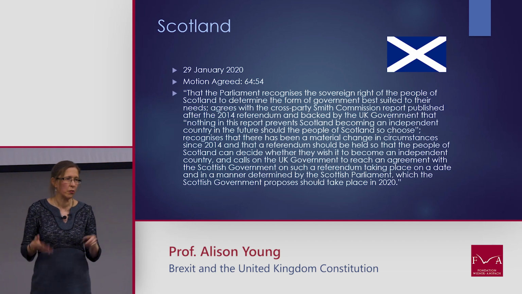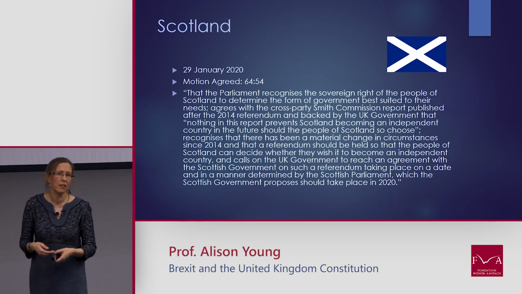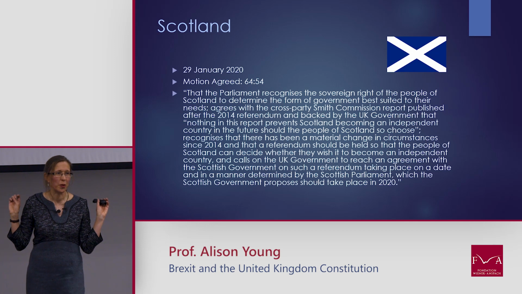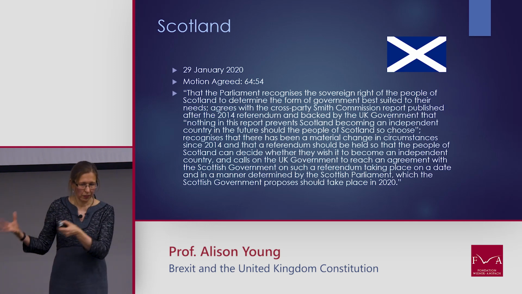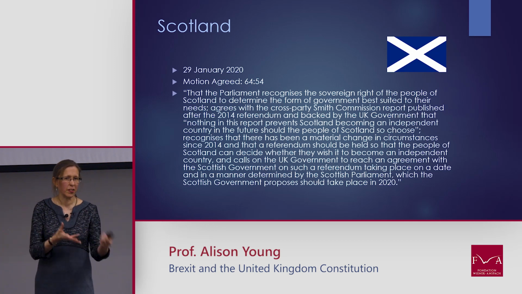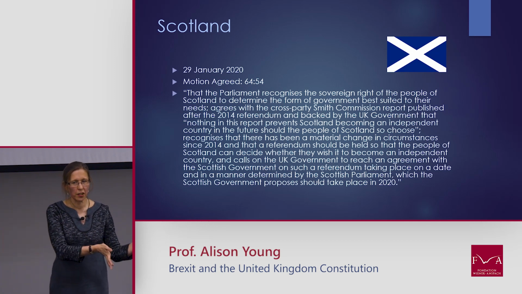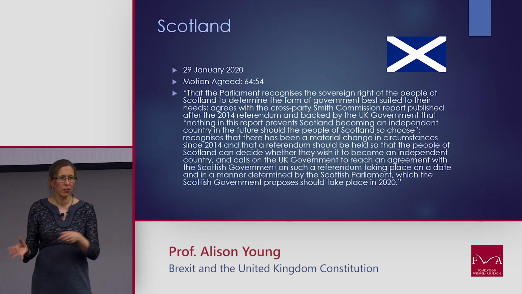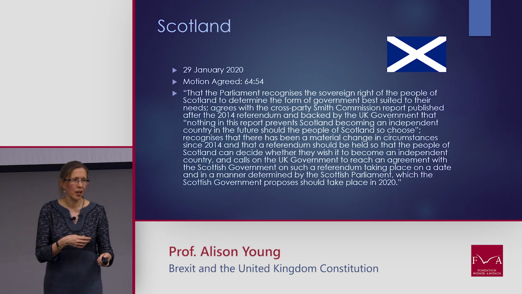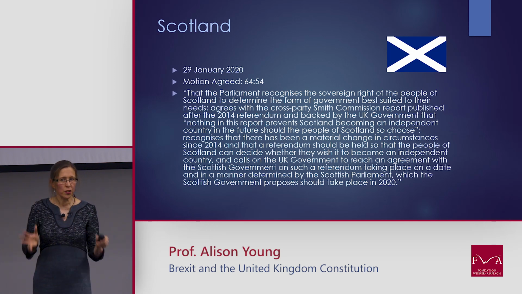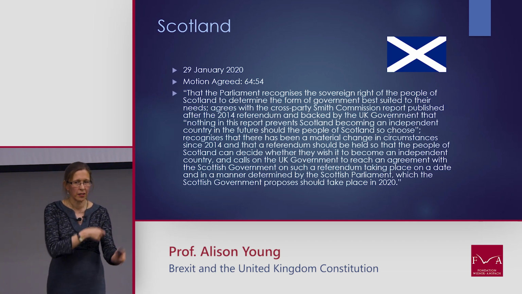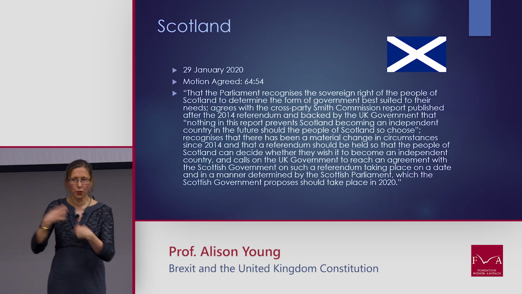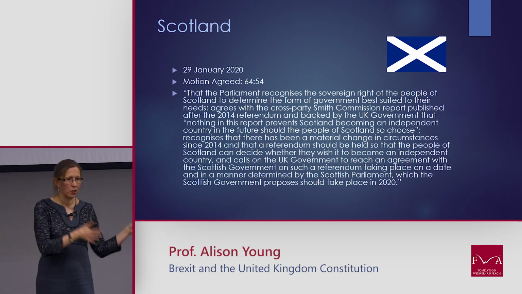So if you want to know the next case where we're going to end up with cameras outside the Supreme Court, this will be when either the Prime Minister refuses to give consent and someone brings a legal challenge, or when, having not had consent, Scotland says, well, there's no law definitively saying this is not within the scope of our powers, so we're going to enact a law ourselves for independence and see if we have the power to do so, and that will go to the Supreme Court.